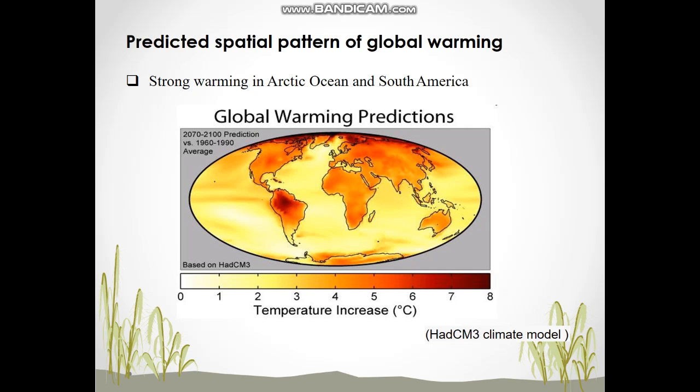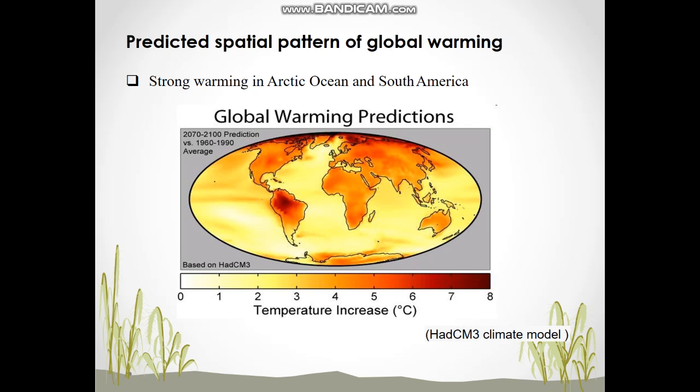As you can see, it is projected that South America and Arctic areas will have the highest temperature rise, almost 7 to 8 degrees. So temperature rise is not equally distributed across the globe. Some areas will be more affected, some areas will be less affected.